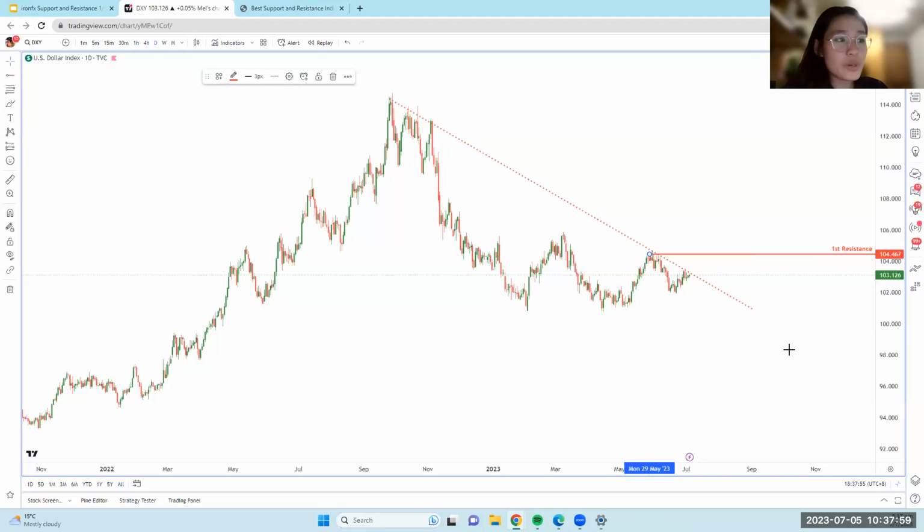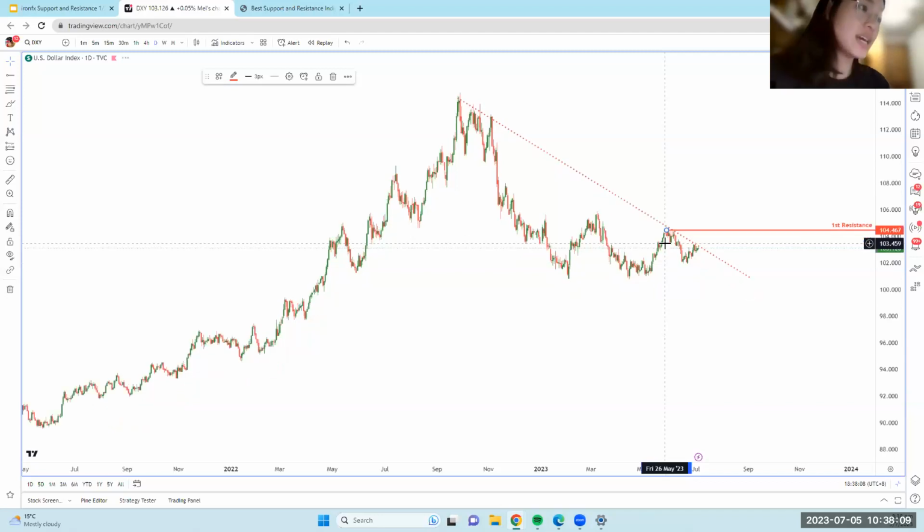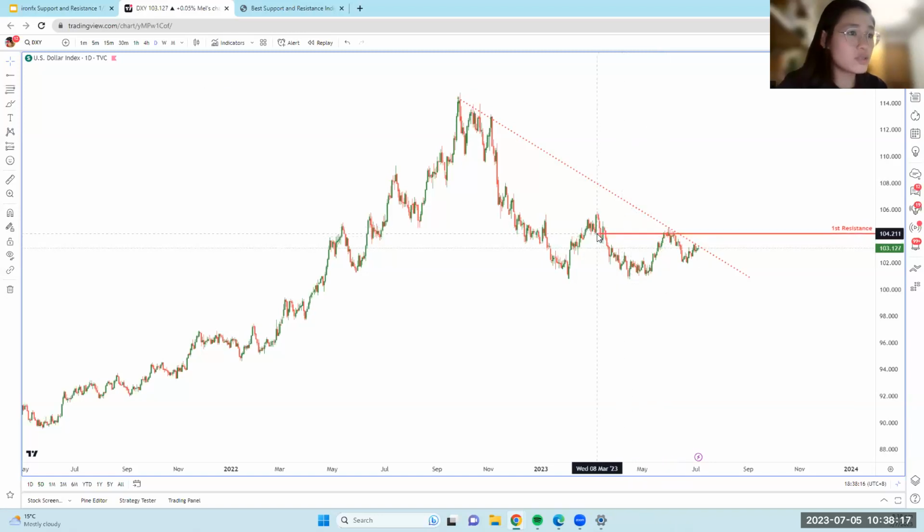When we're first going in with our graphical analysis, we start off by identifying our first resistance as the closest swing high to where price is currently at. Then we see if we can pull it back any further without cutting too many candlesticks.